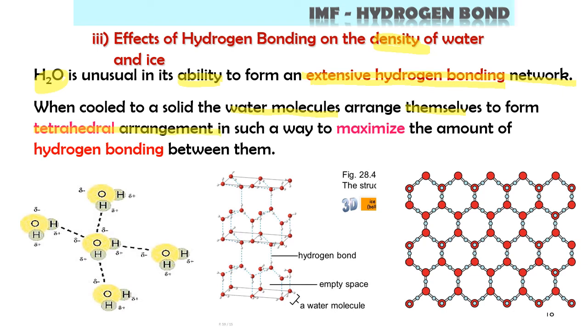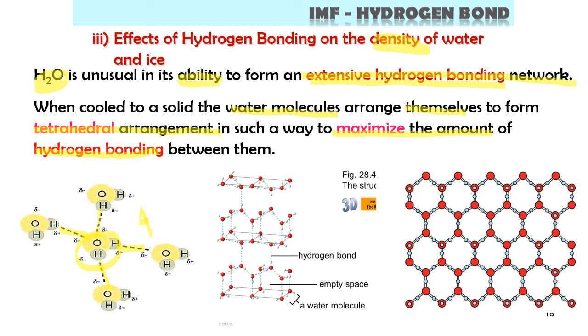Okay, why? This is because to maximize the amount of hydrogen bonding between them. So remember, I told you, untuk satu water molecule, dia boleh form 1, 2, 3, 4 hydrogen bond. So when your water is cooled to form a solid, water molecule ni dia akan arrange themselves dalam bentuk tetrahedral lah.